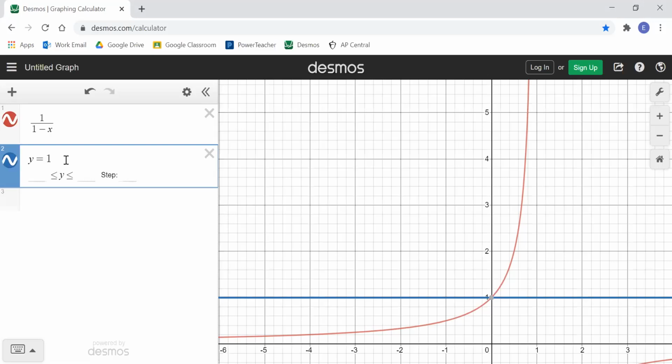Does y equals 1 look like 1 over 1 minus x between -1 and 1? Does it? No, it doesn't, right? I mean, it does at one specific point.